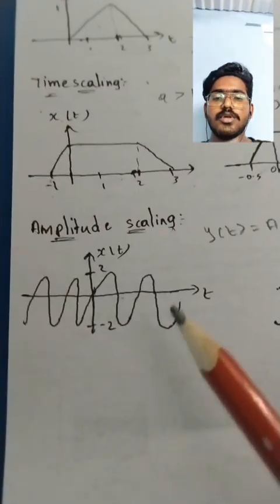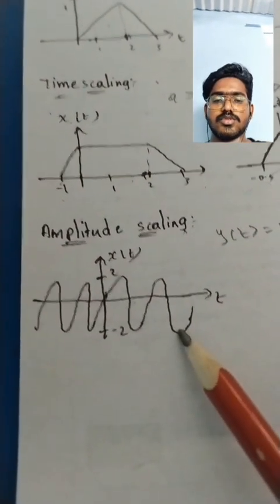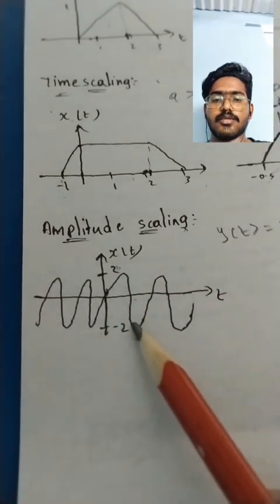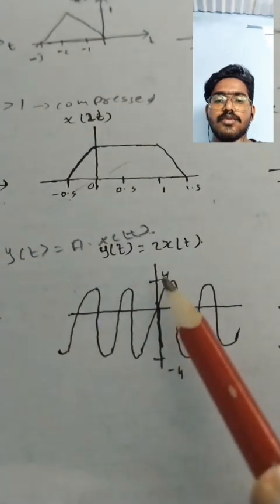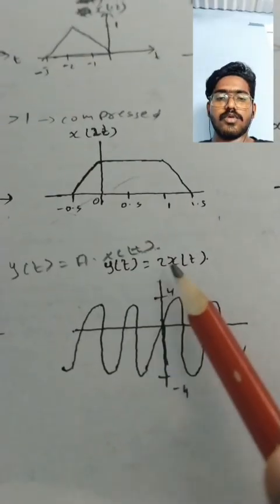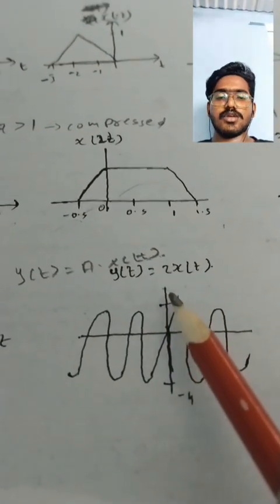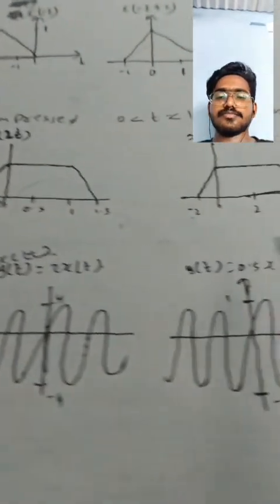As an example of amplitude scaling, we take this as the original signal x of t with amplitude 2 and minus 2. If we multiply x of t by 2, the amplitude changes to 4 and minus 4.